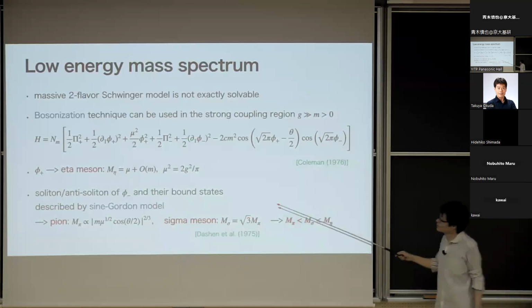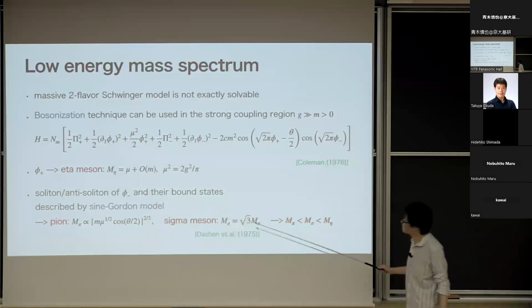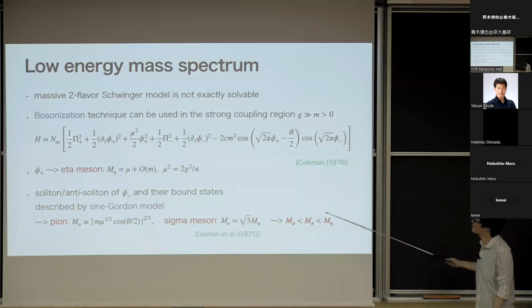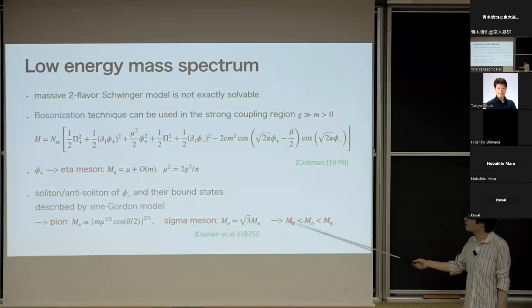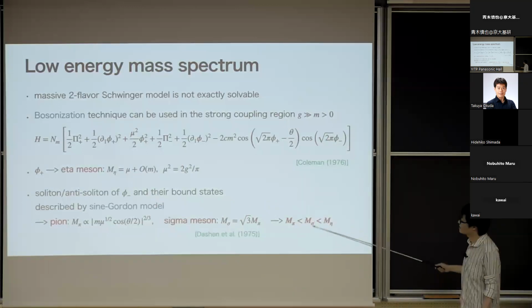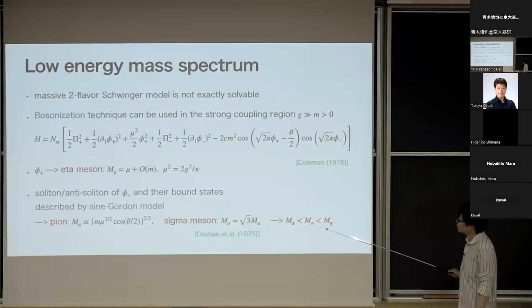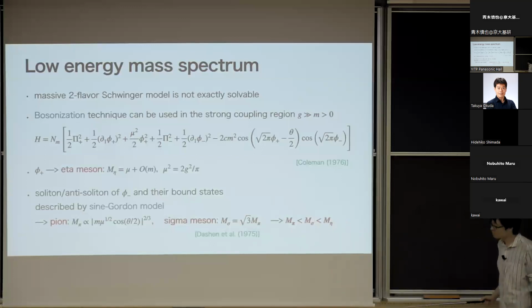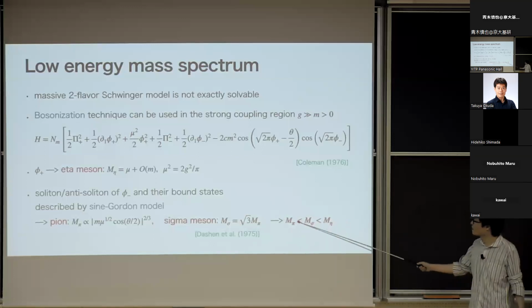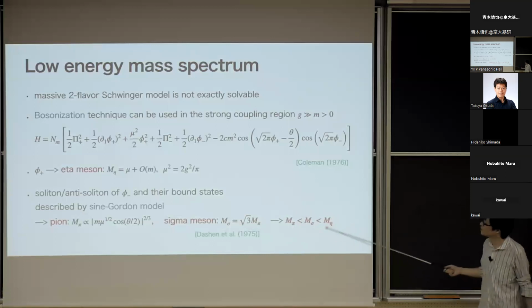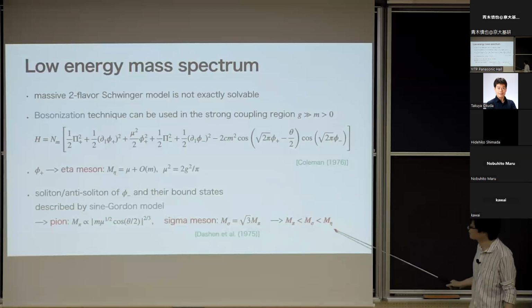By summarizing these results, in the small mass region we may find this relation. The lightest meson is the pion, the next is the sigma with this ratio, and the heaviest one is the eta. The fact that the eta is heavier than the pion is known as the U(1) problem in QCD.